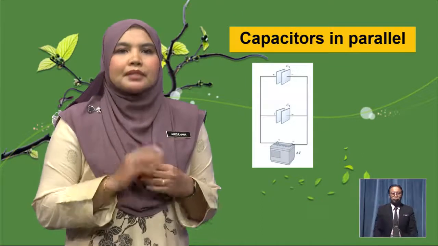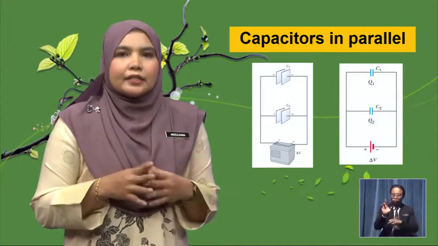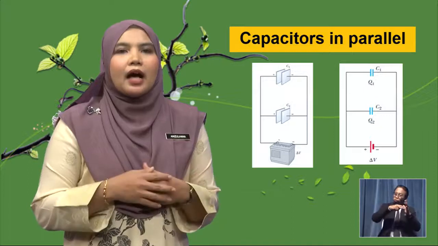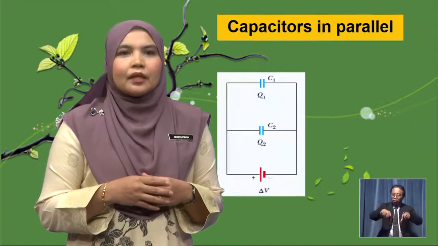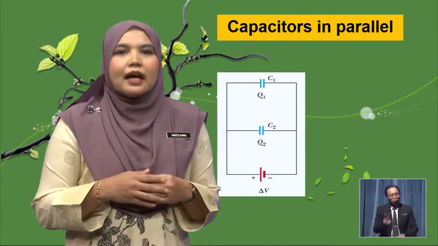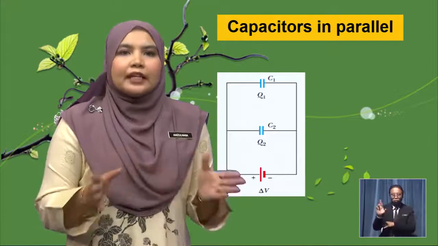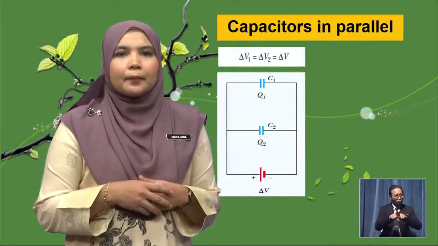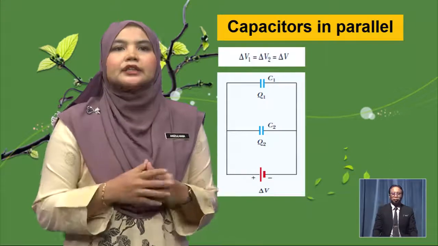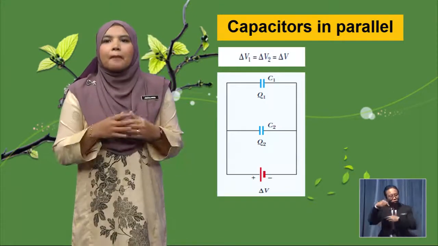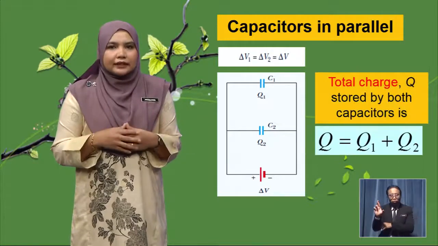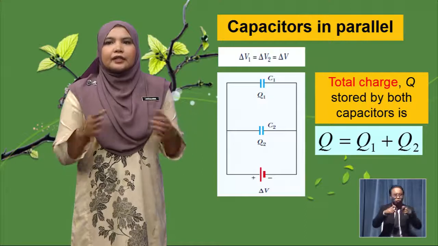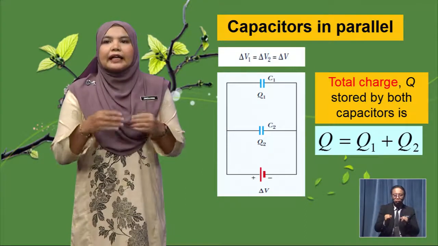Capacitors in parallel. Two capacitors connected as shown in the diagram are known as capacitors in parallel. Both the capacitors are charged to the same potential difference. The total charge Q stored by both capacitors is the sum of the charge on the individual capacitors Q1 and Q2.